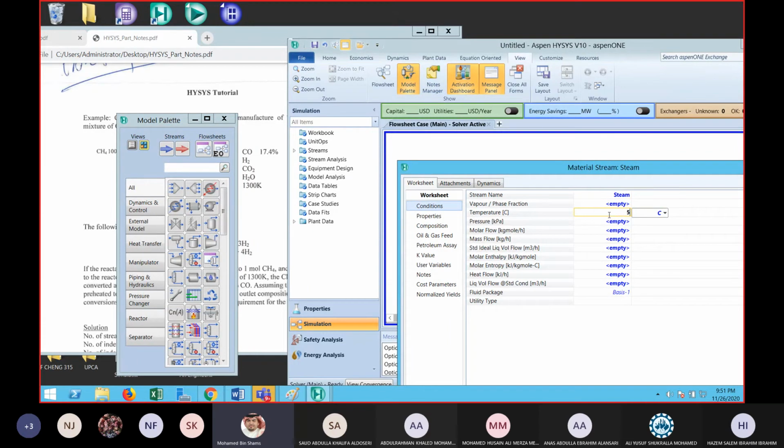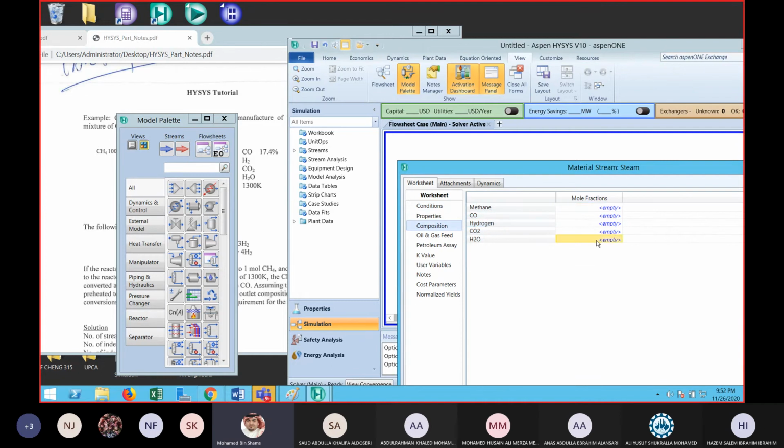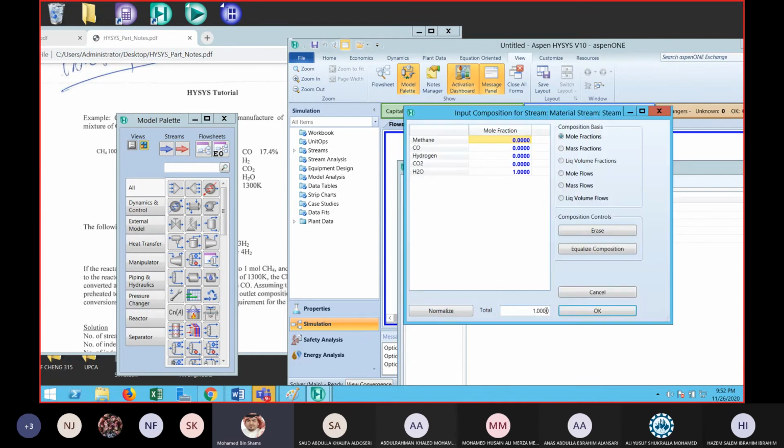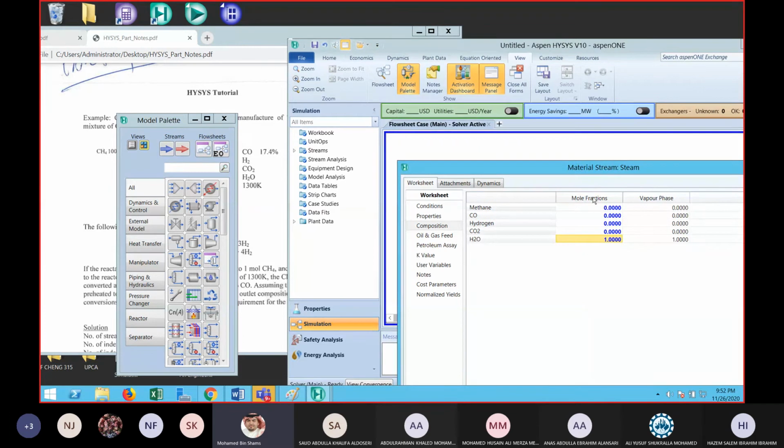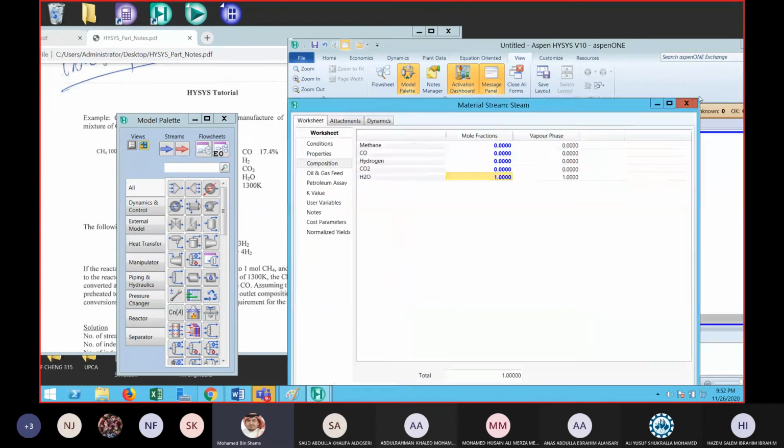Same temperature, 600 Kelvin, and pressure 1 atmosphere, and the molar flow rate 200. And that is mainly water. I normalize, and that should be the steam.